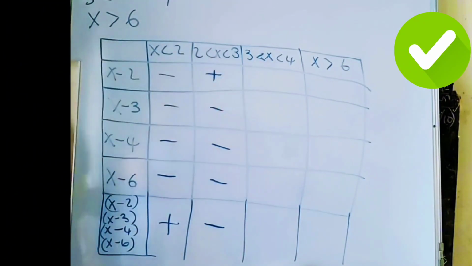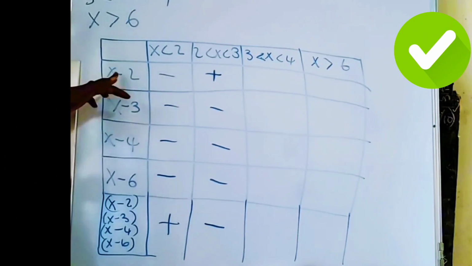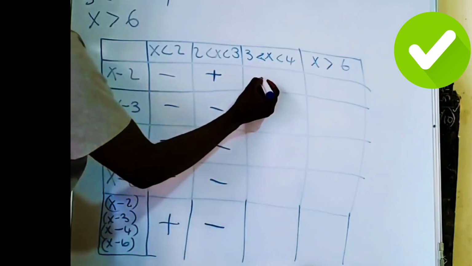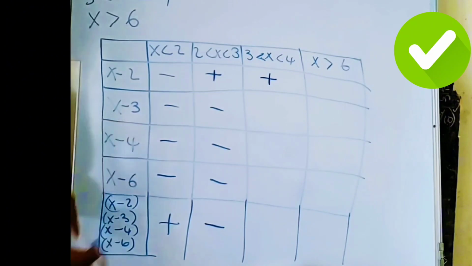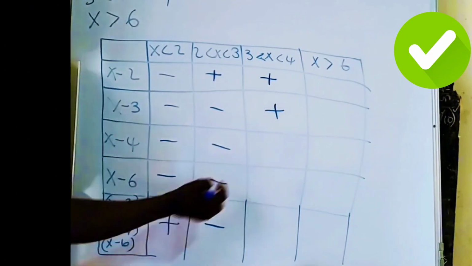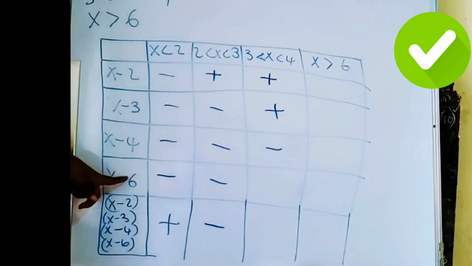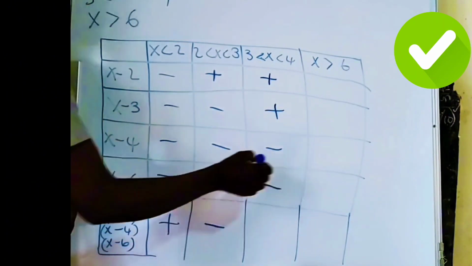Now in this range, let's pick a value. For example, 3.5. 3.5 minus 2 will give us a positive value. 3.5 minus 3 will still give us a positive value. 3.5 minus 4, a negative value. 3.5 minus 6, a negative value.